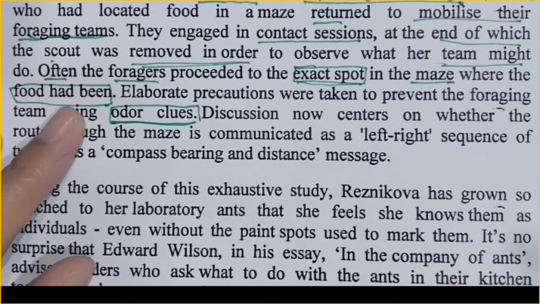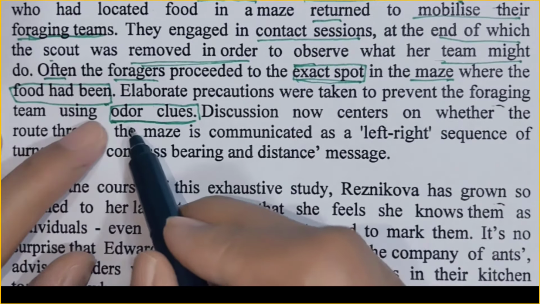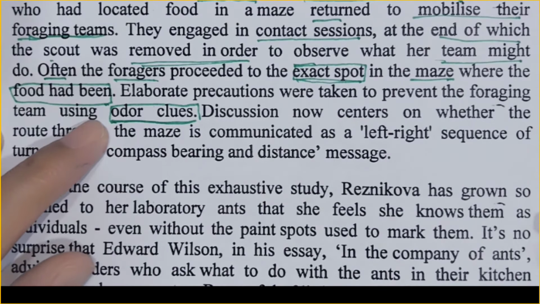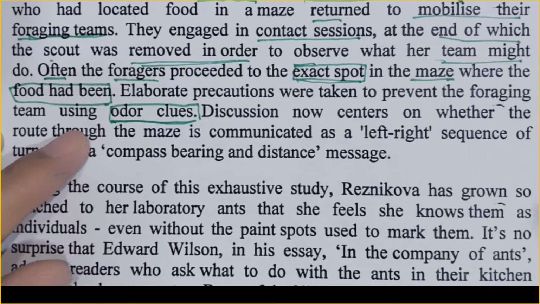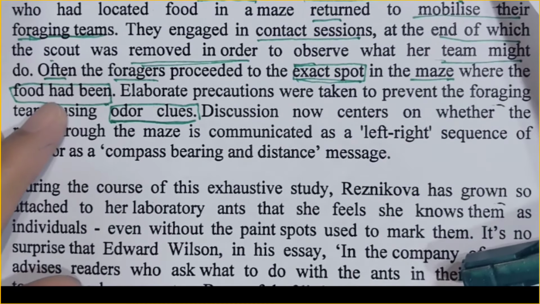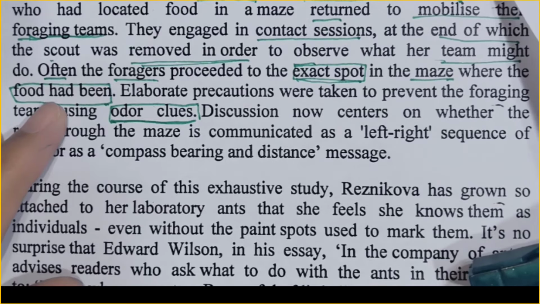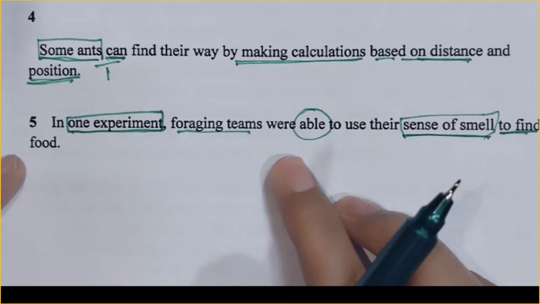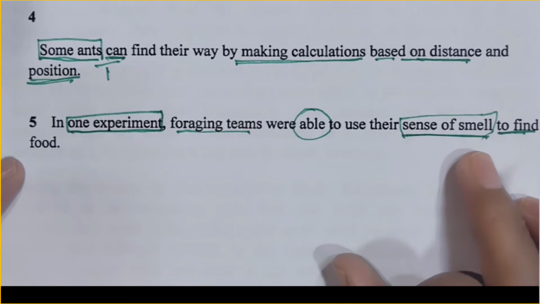So sometimes due to odor clues, they were not able to find the exact location because they were also looking for the places where the food had been. But in the question they say that in one experiment, foraging teams were able to use their sense of smell to find food.